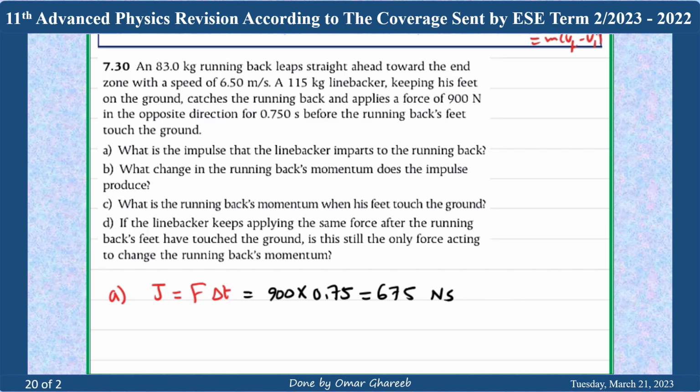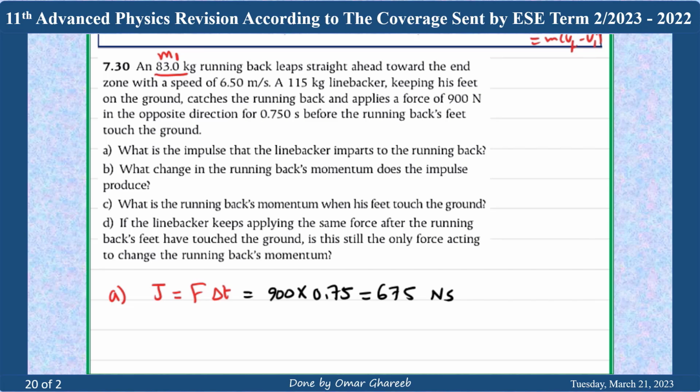Now for the second one, what change in the running back's momentum does the impulse produce? Now I have the impulse, so I can find the velocity. Let's go back and put in the numbers. The running back mass, this is M, for the running back I will name it 1.